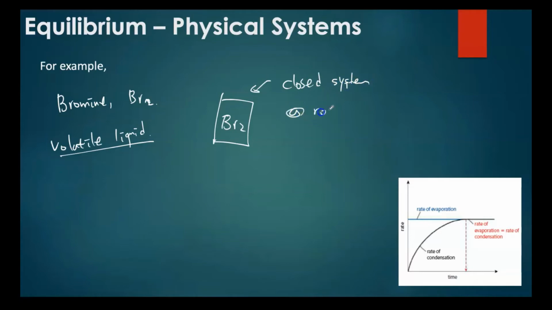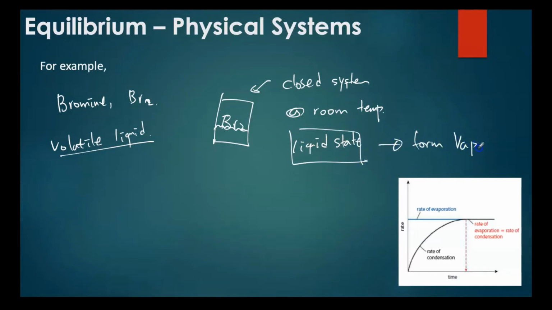At room temperature, there are a lot of Br2 molecules that have enough energy to escape from the liquid state to the gas state, to form vapor.